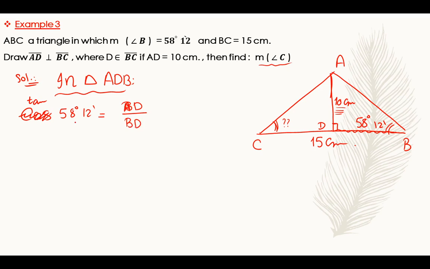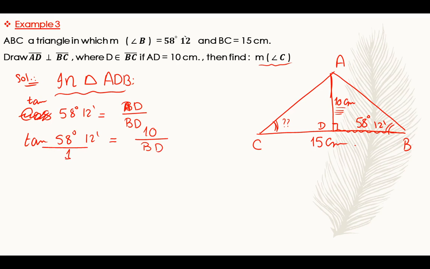So tan 58 degrees and 12 minutes equals 10 over BD, the unknown side.